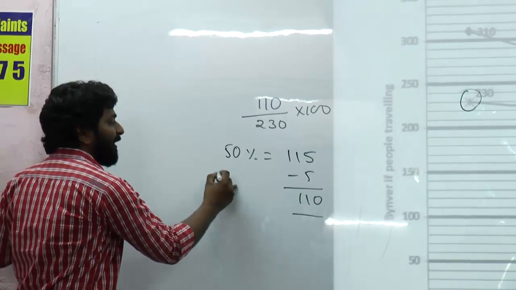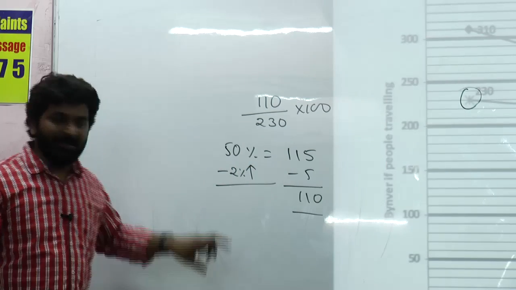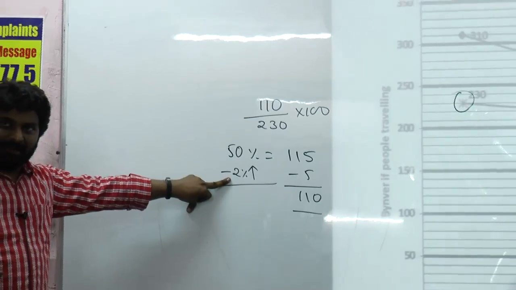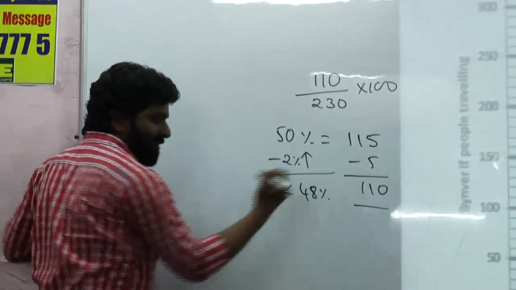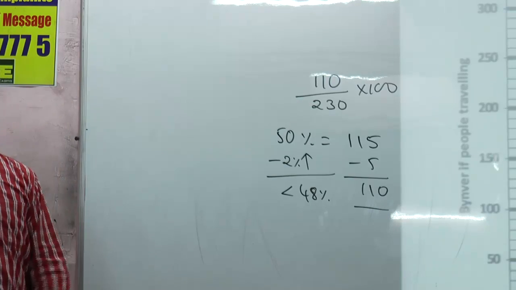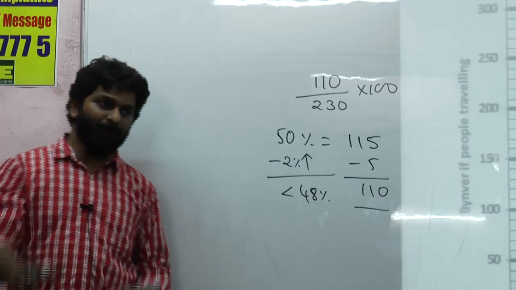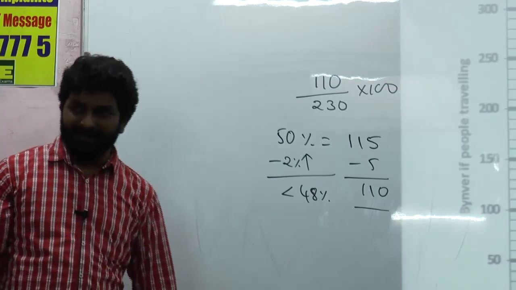So you must subtract a number which is just about 2%. If you subtract 2%, you will get 48. But you need to subtract more than that. So answer is definitely less than 48%, but close to 48%. How many options are there? Only one, 47.83, first one.